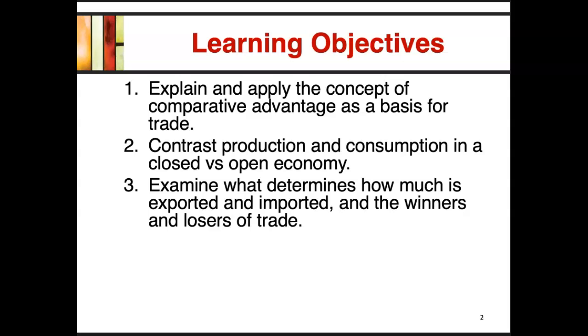In terms of trade, there are always going to be winners and losers in different sectors of the economy. So not between countries, but between different sectors and different agents in the economy. When we say agents, we're talking about consumers and producers. Do producers lose from free trade? Do consumers lose from free trade? Do producers win through trade, or do consumers win through trade? That is the third learning objective that we'll take a look at.